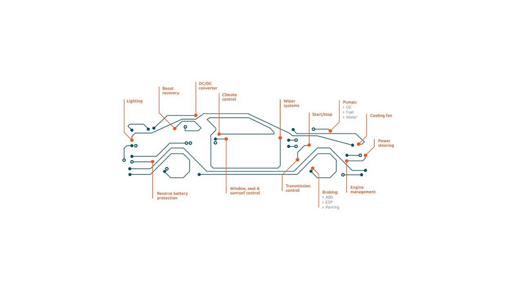Now, in automotive, you can see just an example: lighting, boost recovery. This power recovery is power electronics, a converter. Climate control is mechanical. However, window, seat and sunroof control in automotive applications are based on the DC motor and its drive system.